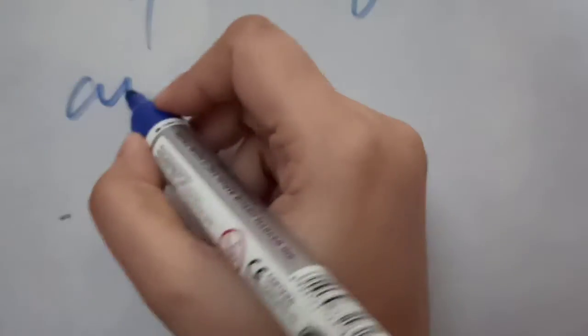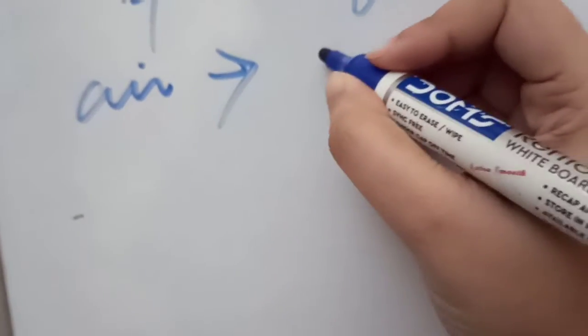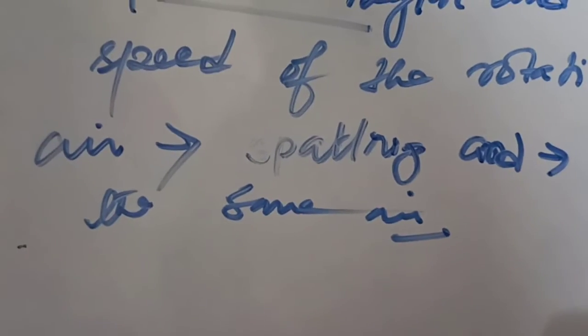As a result of that, the air that is present in this portion scatters out, and the outflow of the same air occurs in this equatorial region.